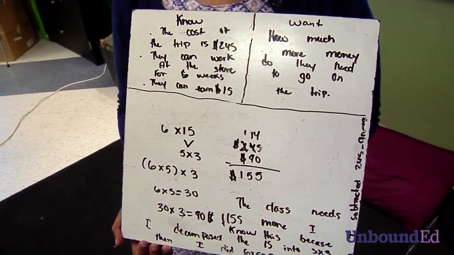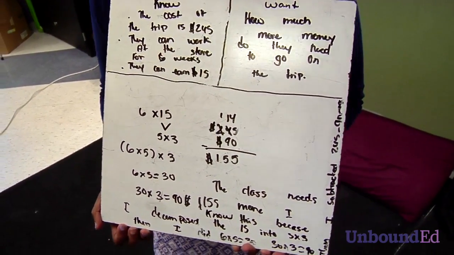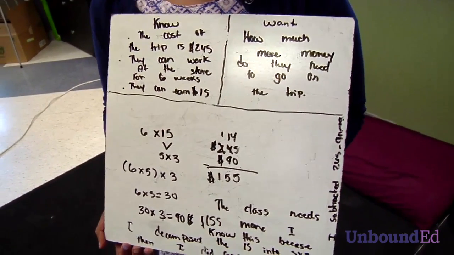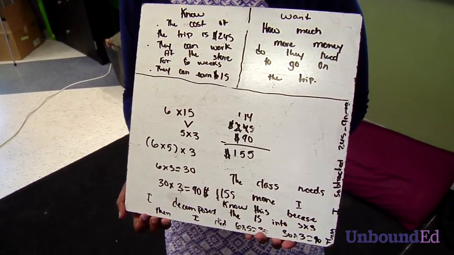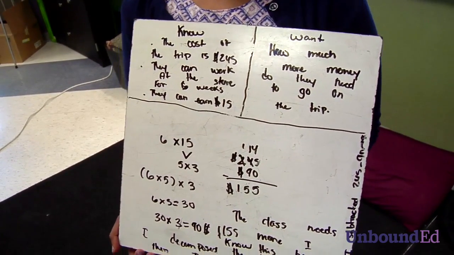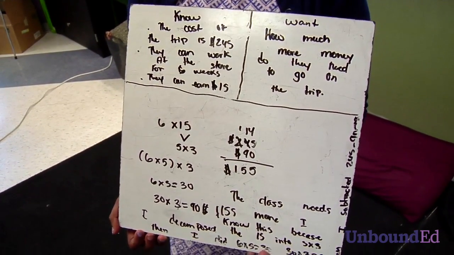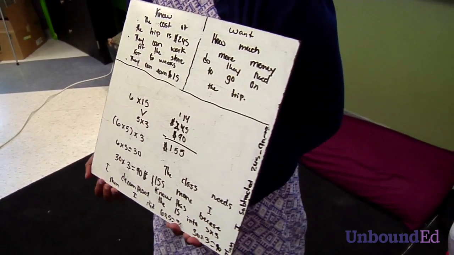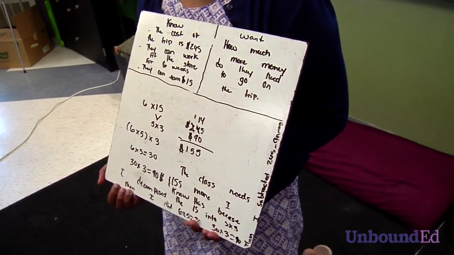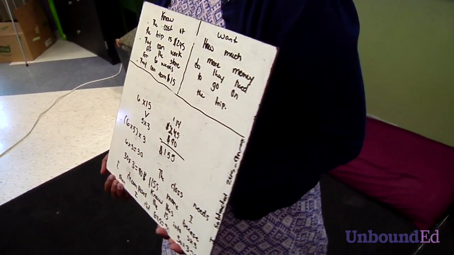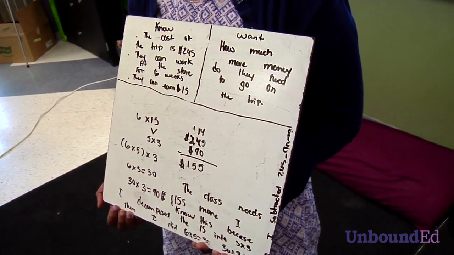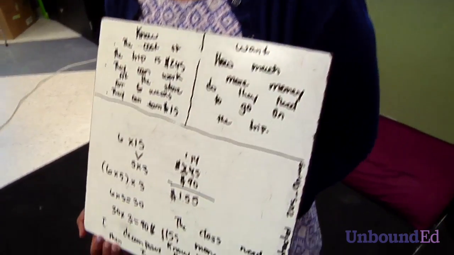So then she did 6 times 5 equals 30, and she did 30 times 3 equals 90. 30 times 3 is 90. And then she did what everybody else did. She subtracted it from the total, 245.